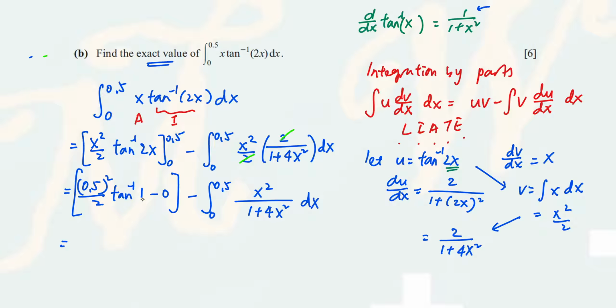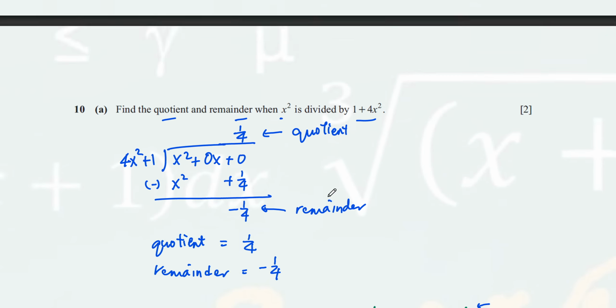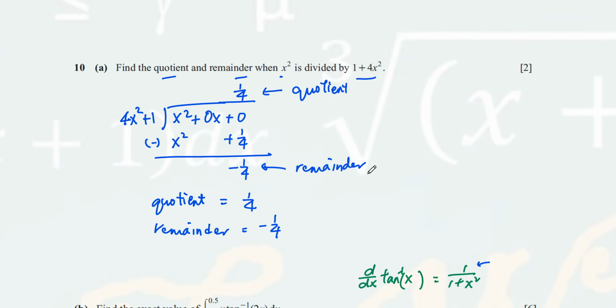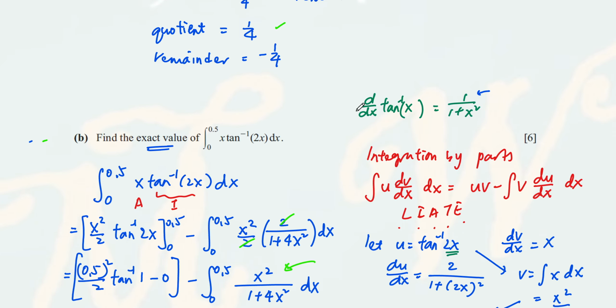Now, arctangent 1 is pi over 4. 0.5 squared is 1 over 4. 1 over 4 divided by 2, 1 over 8. Then pi over 4. Okay, then minus, integrate 0 to 0.5. This is division. Okay, we have done it in the previous step: x squared divided by 1 plus 4x squared. That's why you have done the quotient and remainder here. My quotient is 1 over 4, and the remainder is negative 1 over 4.